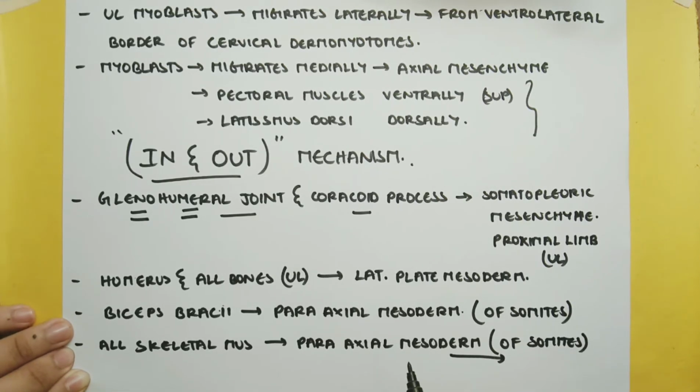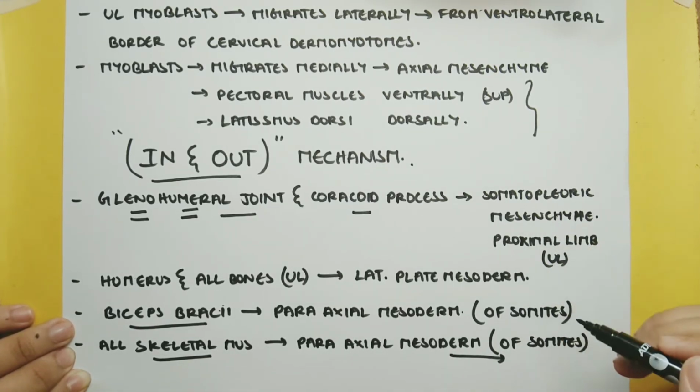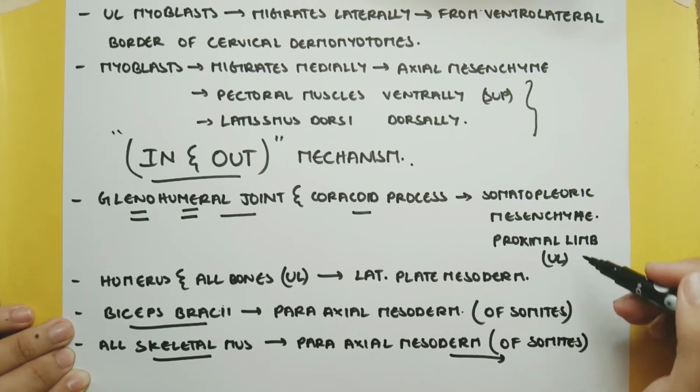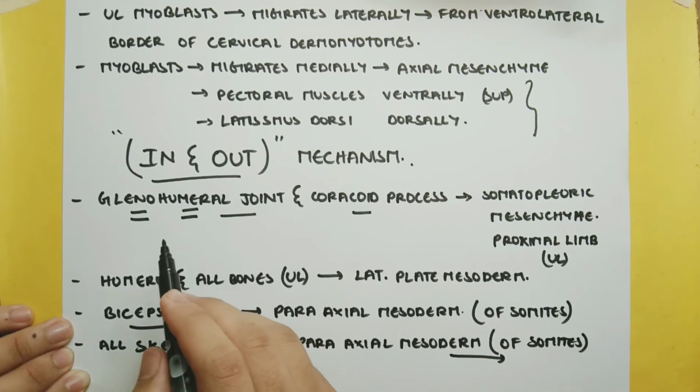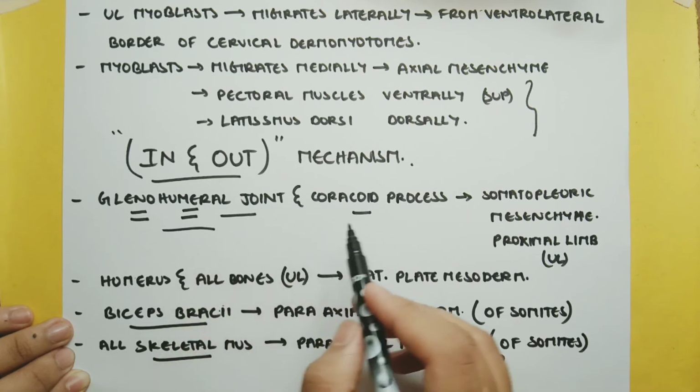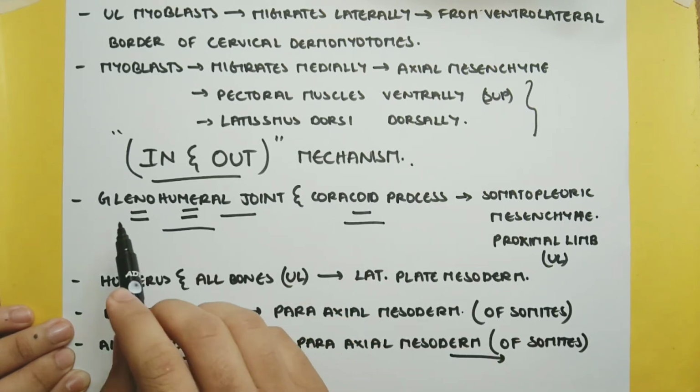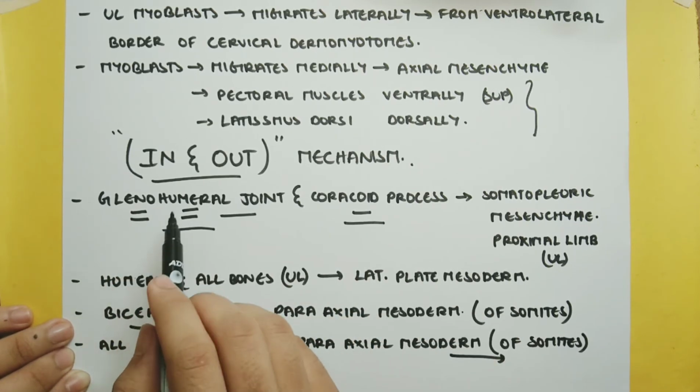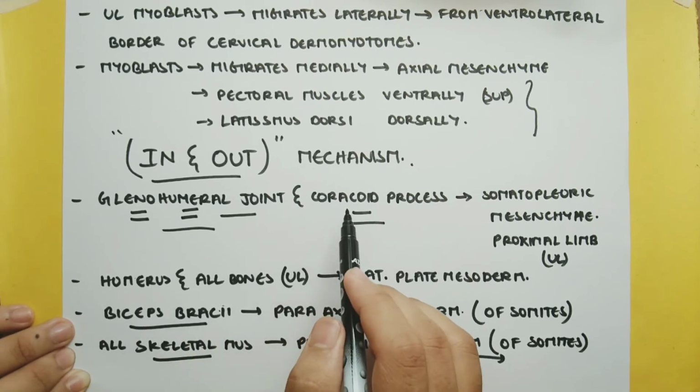So, what are the muscles which came from the paraxial mesoderm? Those are biceps brachii and all skeletal muscles of the upper limb. What are the structures which came out of somatopleuric mesenchyme in the proximal limb? That is the glenohumeral joint and coracoid process, the glenoid cavity of scapula and humerus, and coracoid process of scapula.